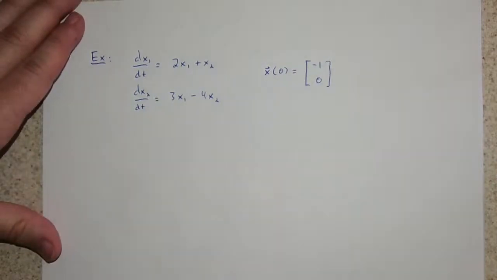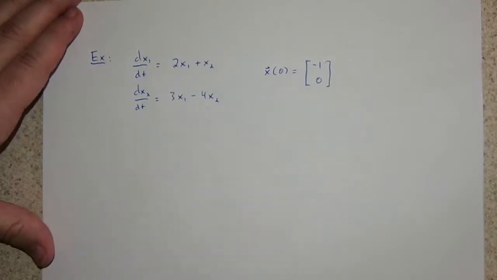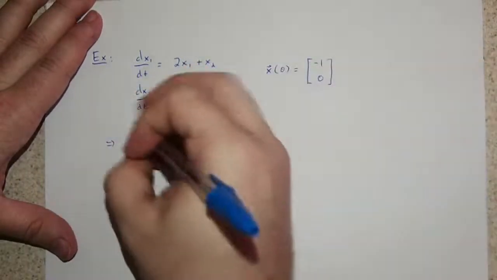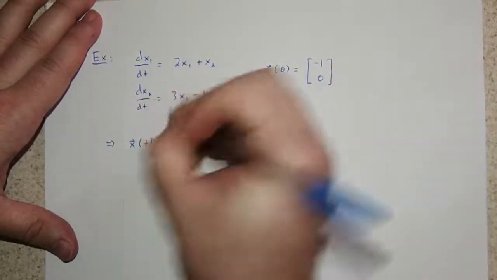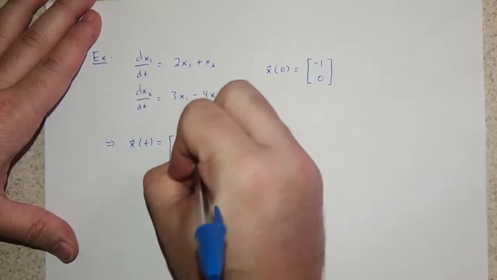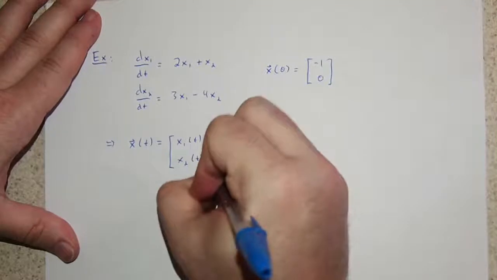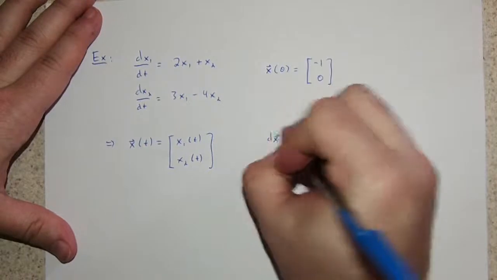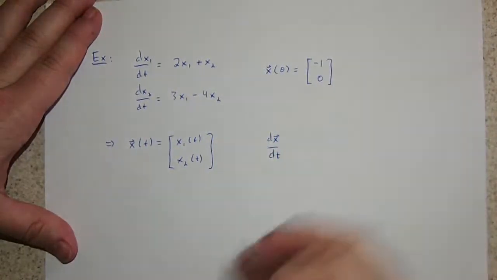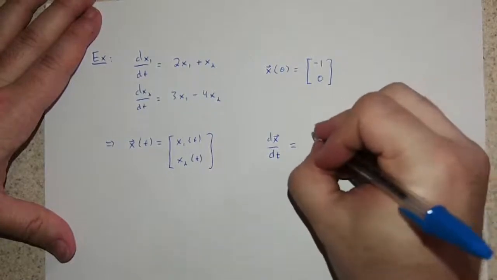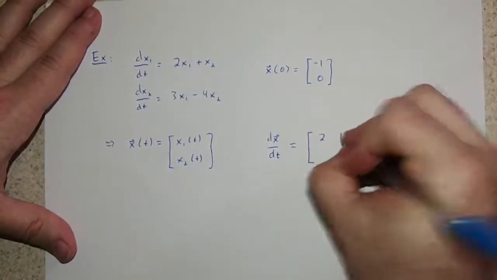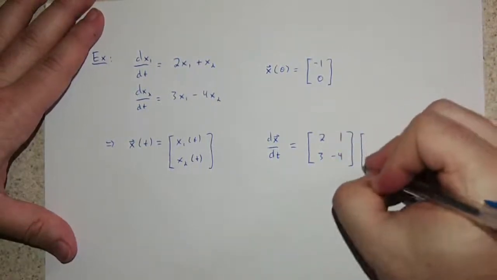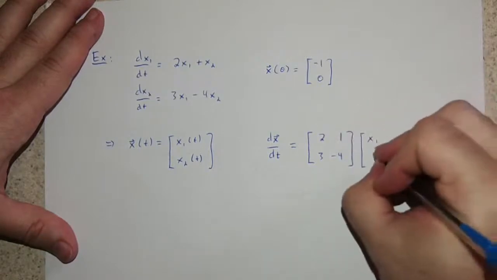Okay, so putting this in the form that we were just looking at, x of t is my solution vector, so this is x1 of t, x2 of t, and in that formulation, the left-hand side can be condensed as dx dt, and that is equal to the matrix 2, 1, 3, minus 4 times the vector x1, x2.